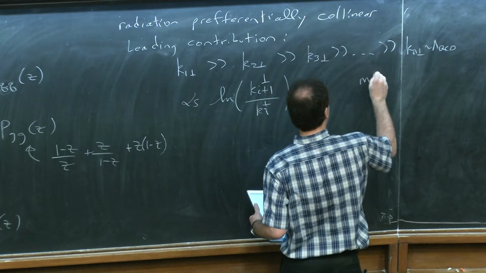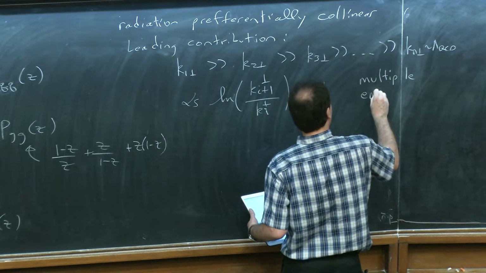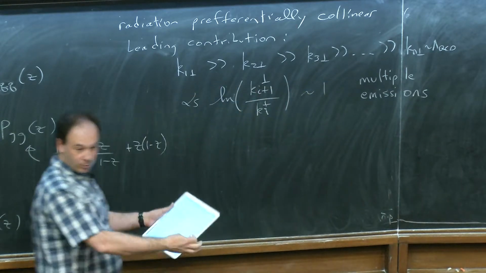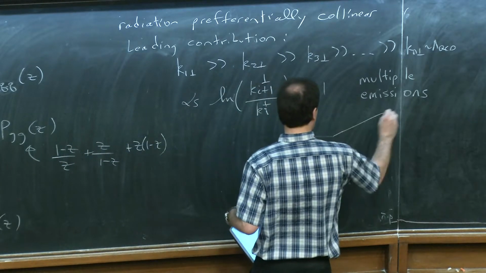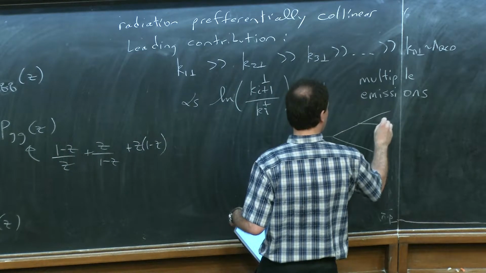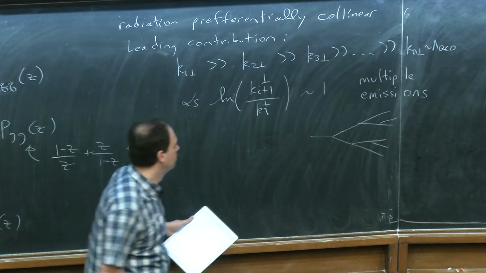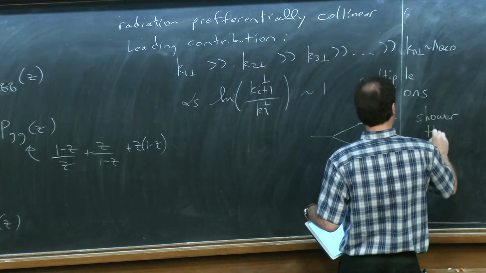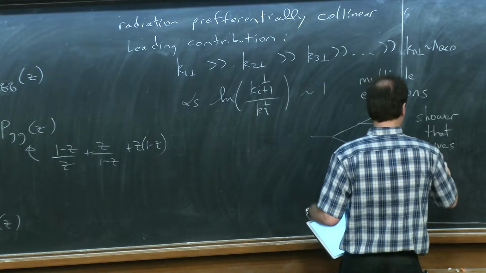So even if alpha_s is large, if it's 0.7, we have high probability of having multiple emissions. And that's what's producing the shower. Okay? This is our picture for why we're having this shower of particles that are forming the jet. This is the shower that gives the collimated jet.